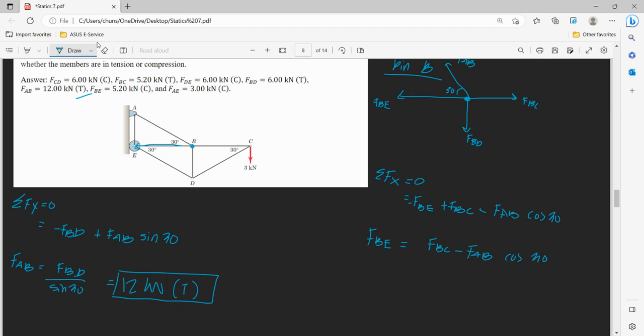So this is going to be 5.196 minus 12 cos 30. Okay, and this gives negative 5.196. So FBE is in compression, so this is 5.196 kilonewtons compression.